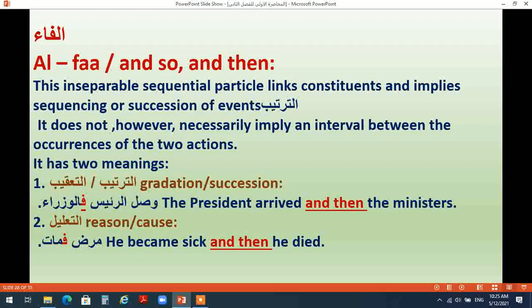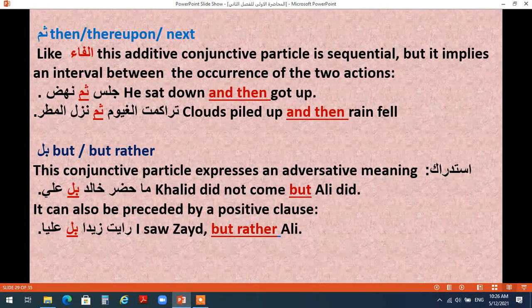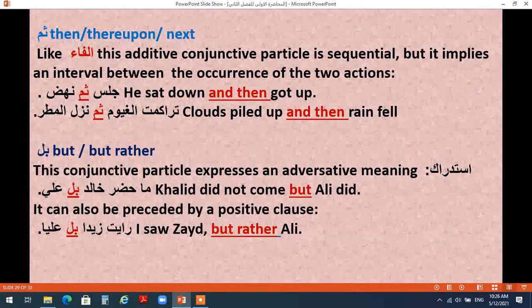أما المعنى الثاني فتستخدم الفاء للتعليل to give reason or to indicate the cause. مرض فمات. إذن السبب أو سبب الوفاة هو كونه مريضا. So he became sick and then he died. إذن استخدمنا هنا الفاء للدلالة على السبب. أما فيما يخص ثم it can be translated into then, thereupon or next.